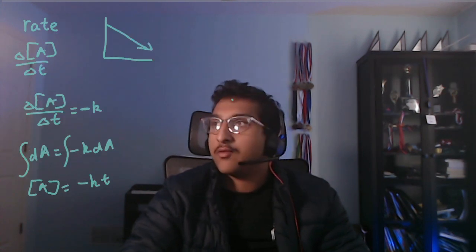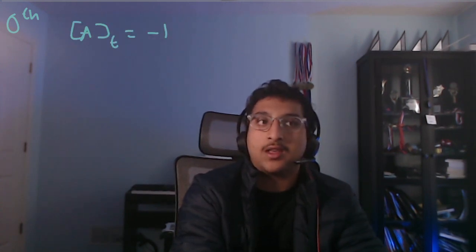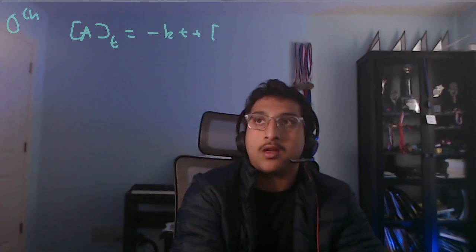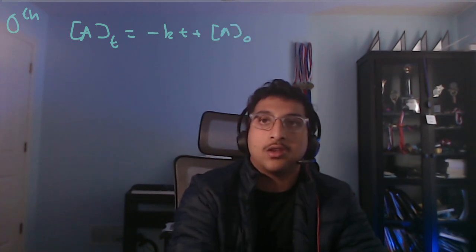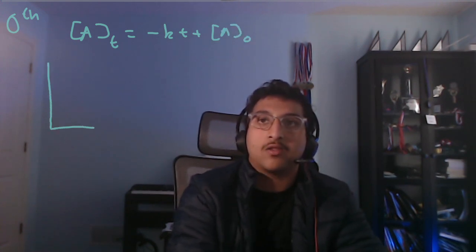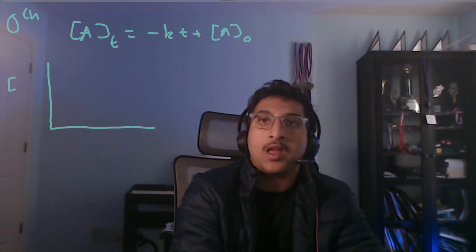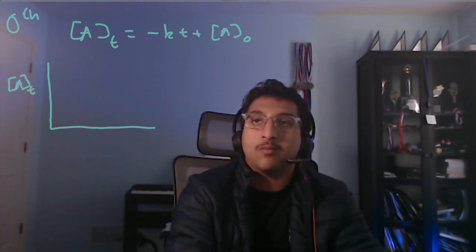So yeah, for graphs as well. So let's say we have zeroth order right now. We'll work on this first. Once again, the rate law is going to be A at time t is equal to negative kt plus A initially. So what if we let the y-axis be A at time t, the x-axis be t?